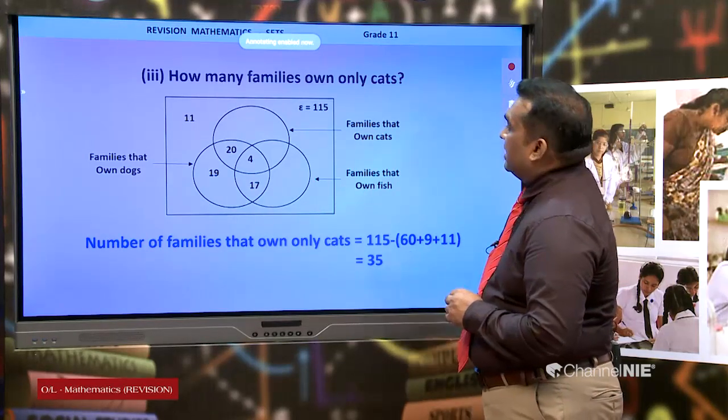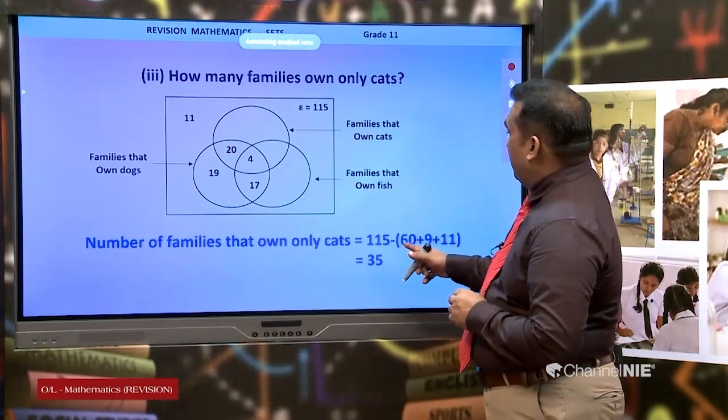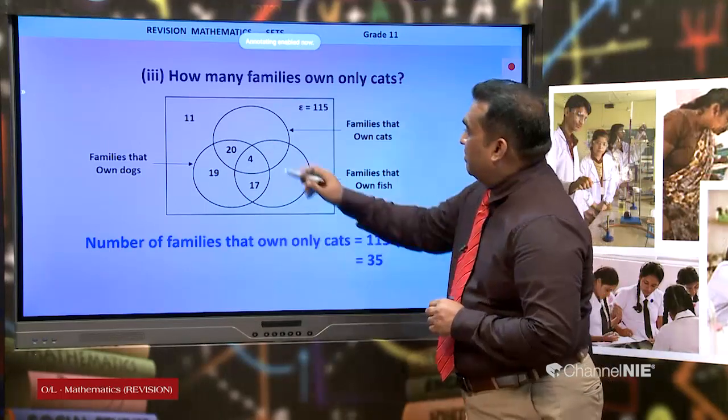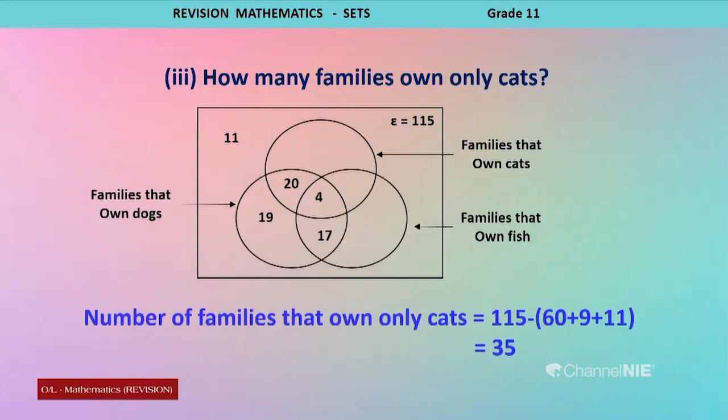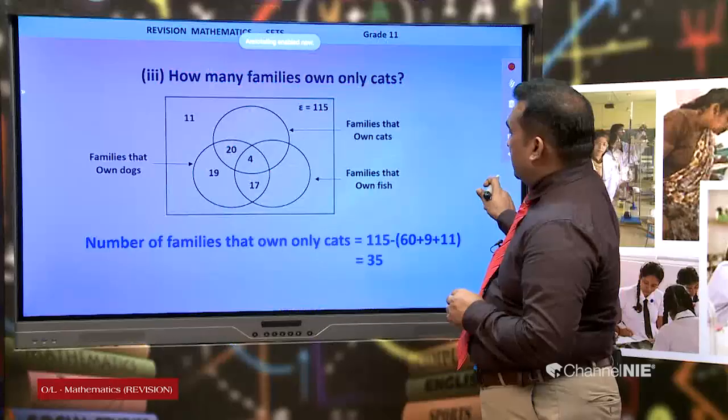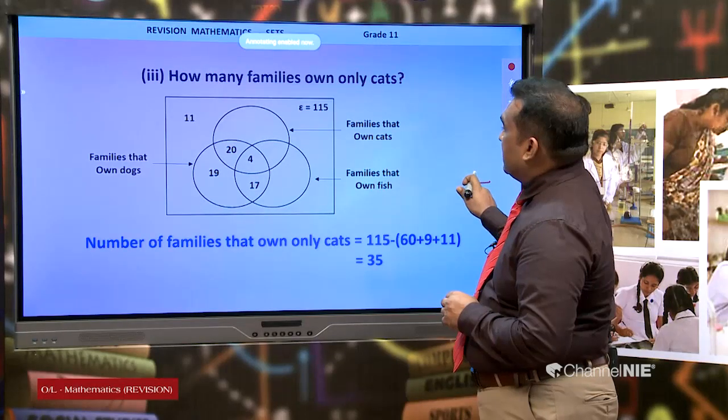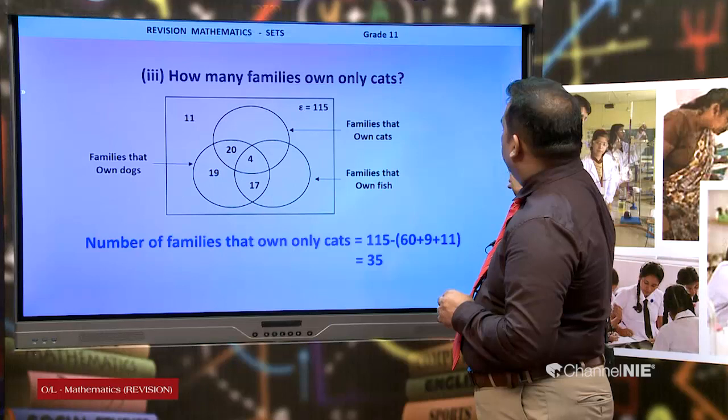It means 35. Okay. Only cats, it means this region. Take the sum of all the other regions and subtract it from 115. Now you have that as 35.